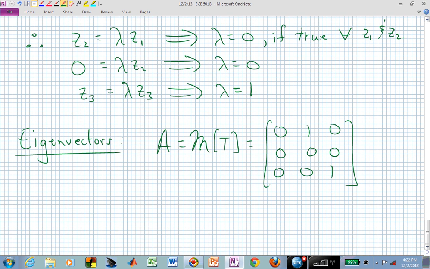So there's a matrix representation of the linear operator T. And now, what structure does that matrix have? It's upper triangular. And so now we know the eigenvalues are on the diagonal, and those eigenvalues are 0, 0, 1. So we could have obtained our eigenvalues from that matrix representation.